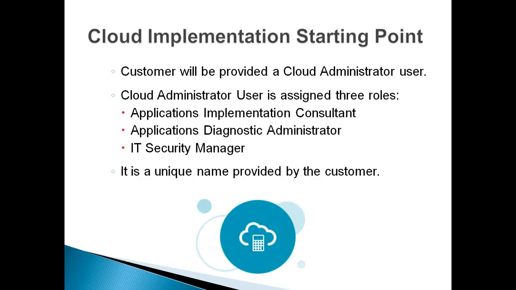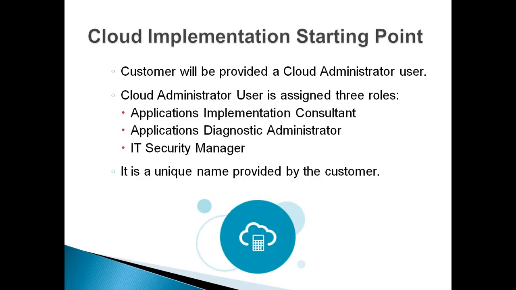That user can have a unique name which the customers suggest, and this user who is a cloud administrator will be given some roles. As I said already, the roles are already defined and delivered by Oracle. So: application implementation consultant, applications diagnostic administrator, IT security manager. These are all the roles which will be provided to the cloud administrator user who is from the customer side.